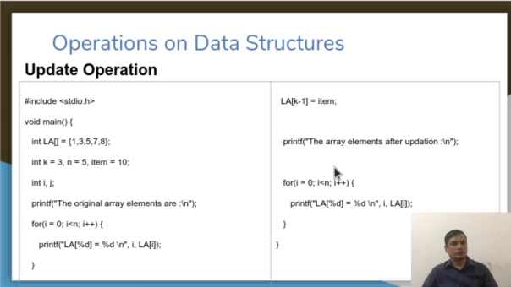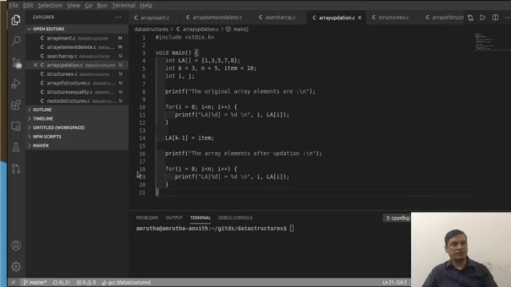Before the update, the original array elements are going to be printed, and after the updation you are going to print the updated array also. To understand it through a simple program, we will move on to the VS Code editor, where you have the array updation program.